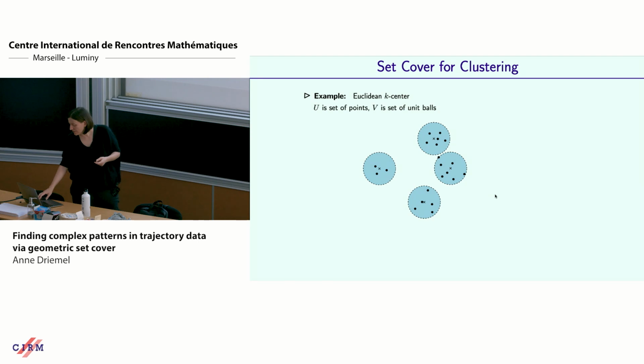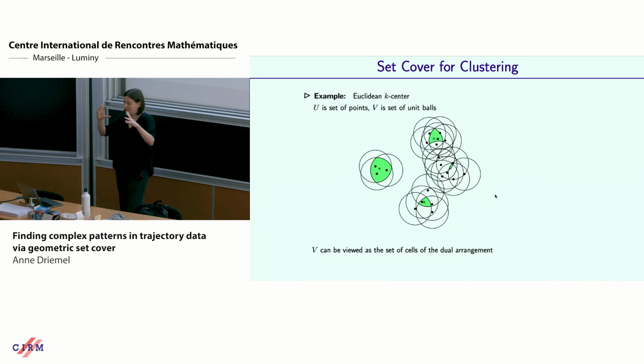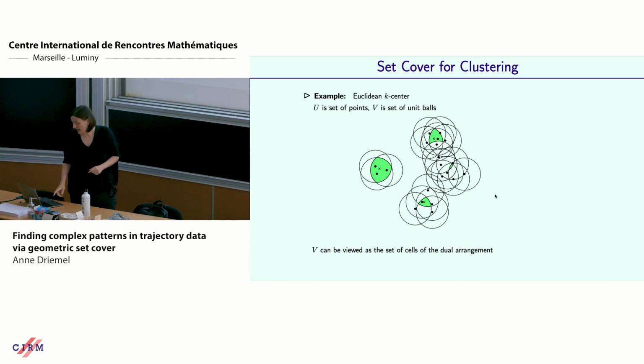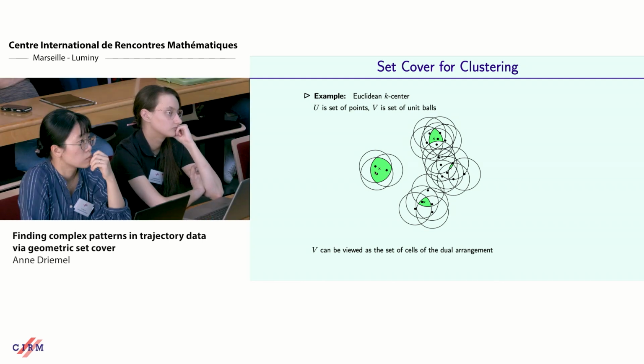But if you look at the dual, you put these balls of fixed radius around your input points, and then you get this arrangement and this decomposition of the plane. For any cell in this arrangement, if you put the center there and move it inside the cell, the coverage doesn't change. So that's exactly the definition of all the points in this cell.